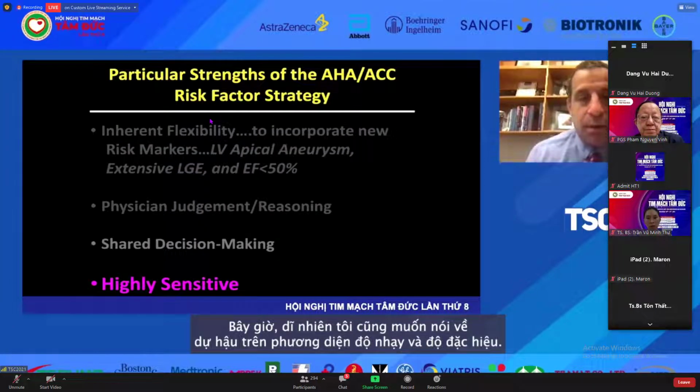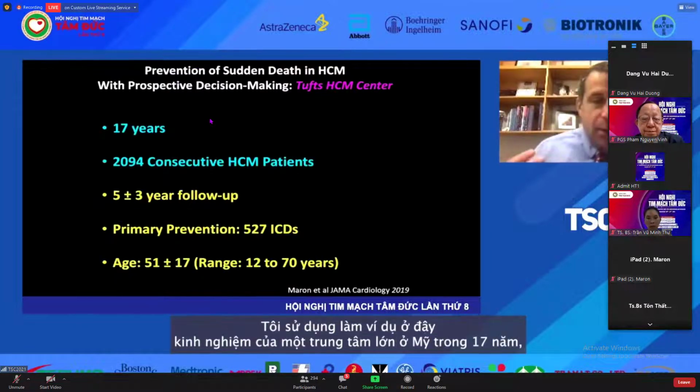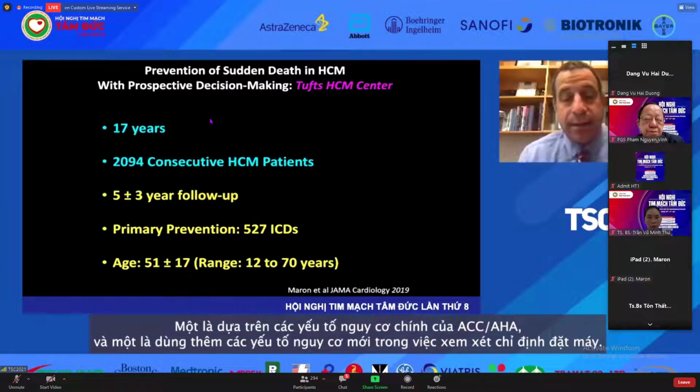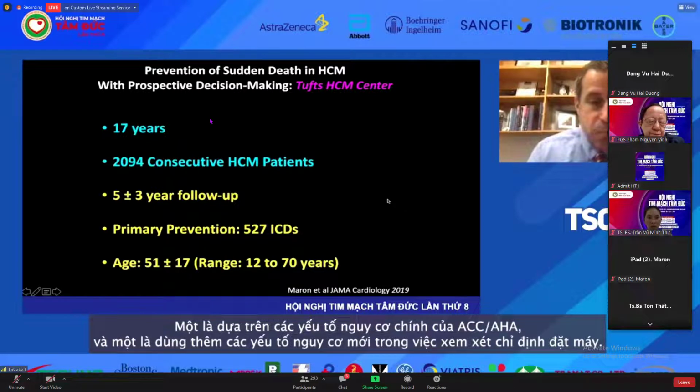Now, I also want to talk about outcome in terms of sensitivity and specificity. I'm going to use, as one example, a large US center experience of over 17 years, 2,000 consecutive HCM patients implanted with devices based on the strategy that I've shown you, the ACC/AHA major risk marker strategy, where one or more of the major risk markers leads to consideration for primary prevention device therapy.